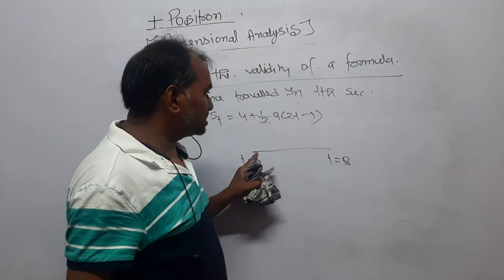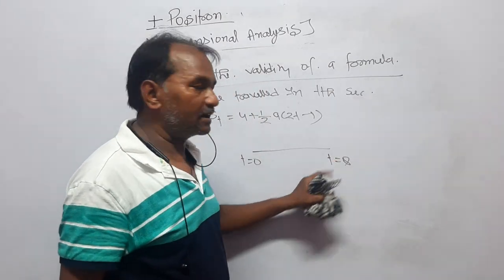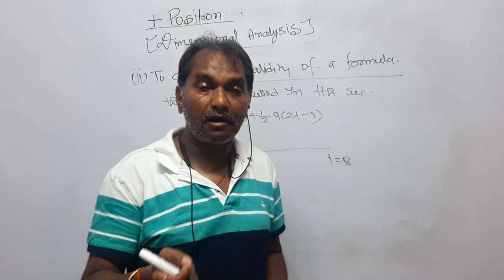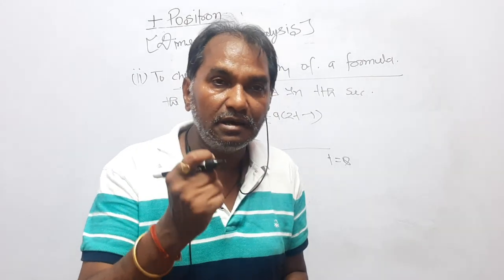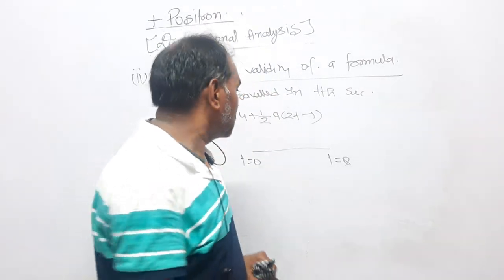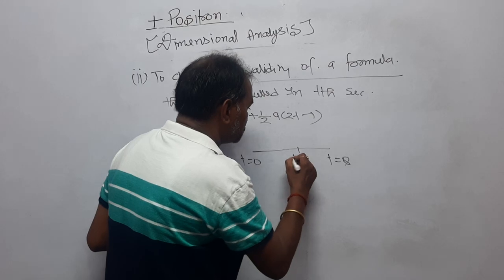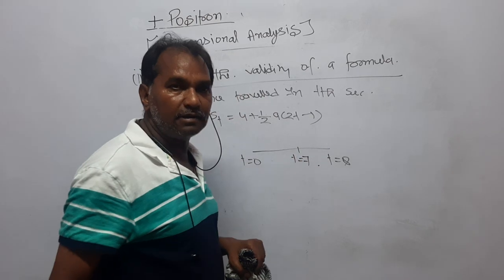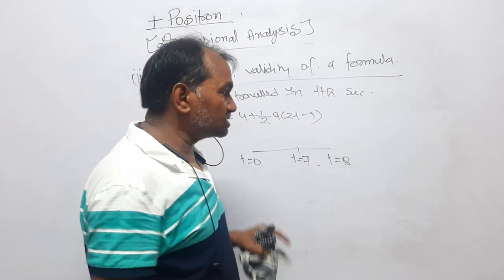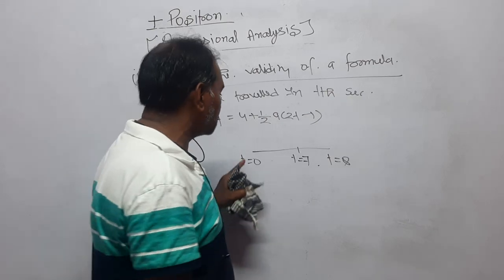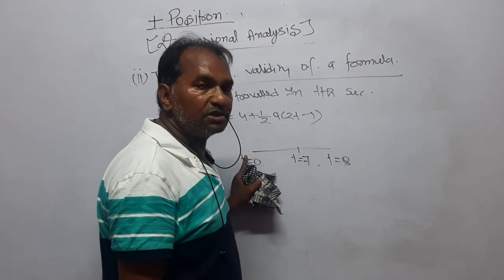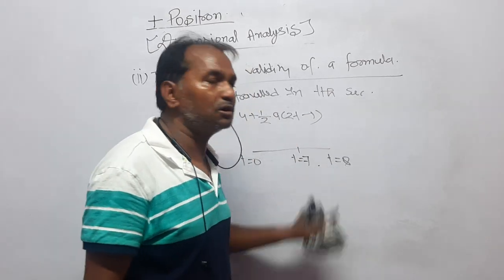So it is the distance traveled in 8 seconds. But if the question is how much distance is traveled in the 8th second, and let at t equal to 7 the body has been here, right? Then the distance traveled in 8 seconds means the distance traveled by the body between t equal to 0 and t equal to 8.